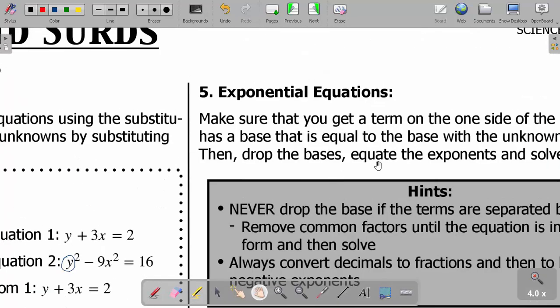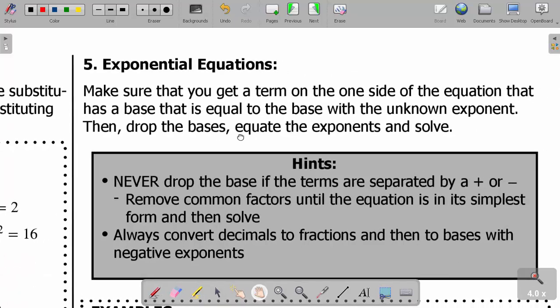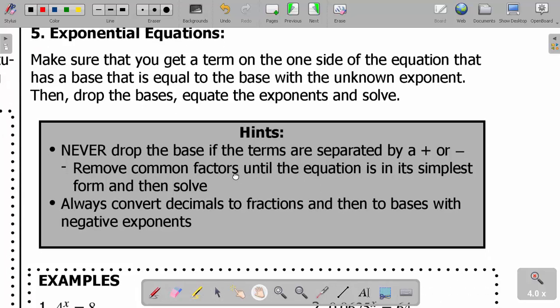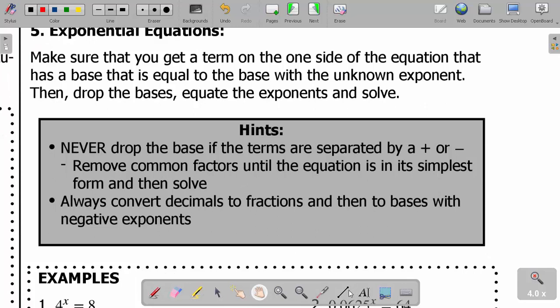Now another type is exponential equations. Here you make sure that you get a term on one side of the equation that has a base that is equal to the base with the unknown exponent, then drop the bases, then equate the exponents and solve. I repeat, what do you do?